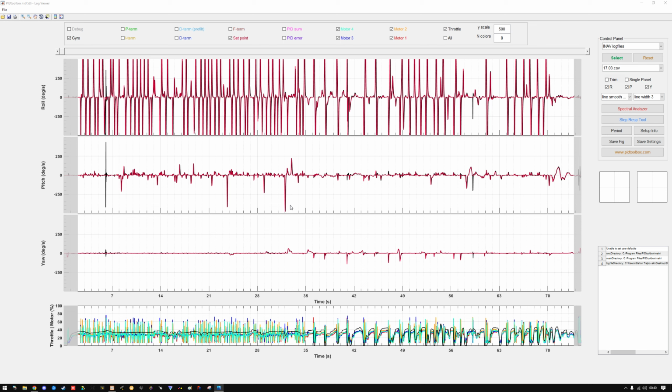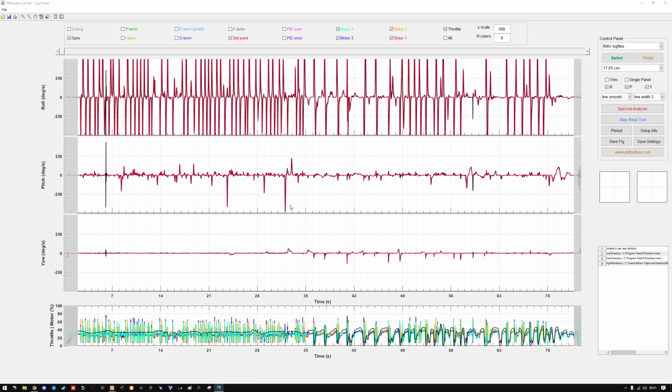Because the rotational inertia you have when you're rolling and when you're rotating around the pitch axis, you just won't have a difference in these two scenarios.